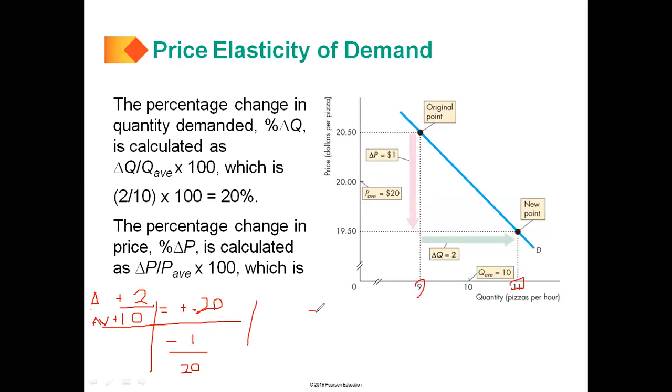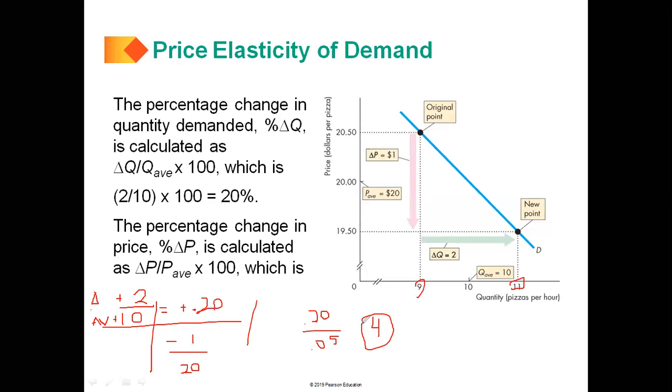And so we got 20% over 1 over 20 is 5%. I just know that. And so this is going to be, it looks like 4, right? 20% over 5% is 4. And so the elasticity is 4 over that part of the curve.